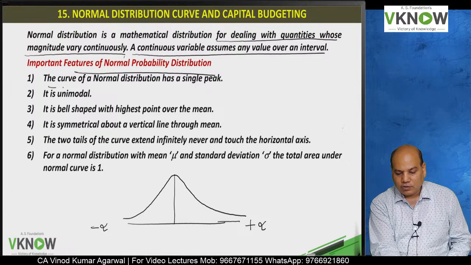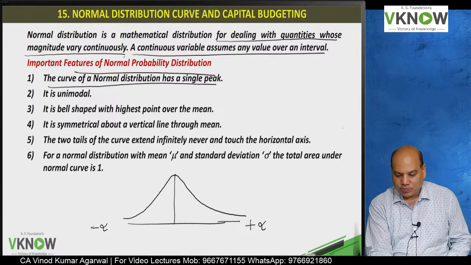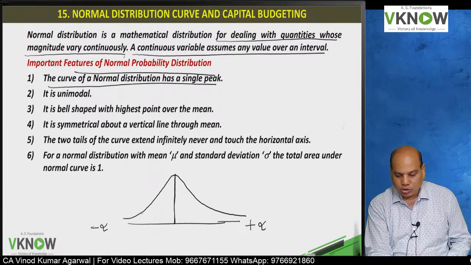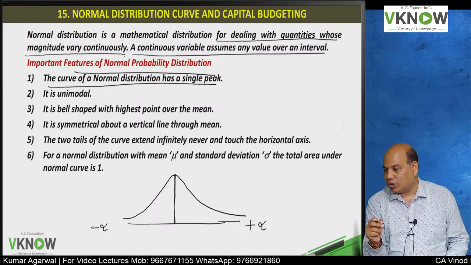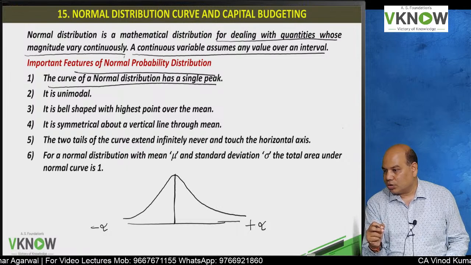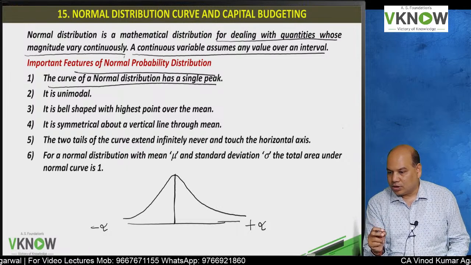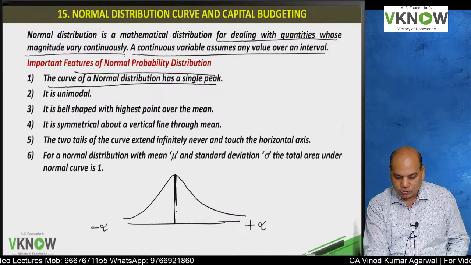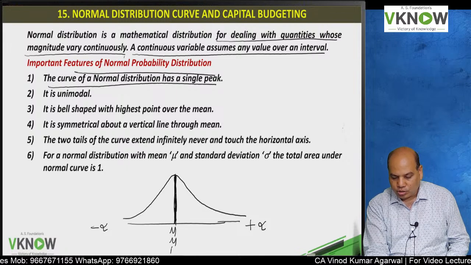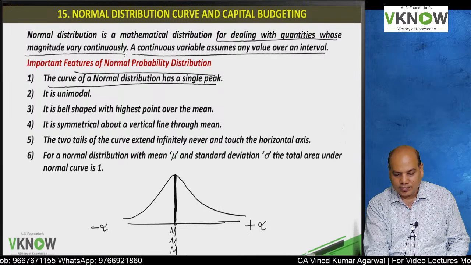So important feature is the normal curve of a normal distribution has a single peak. So you can draw this diagram. You have got 3 boxes on the right side for drawing the diagram. So you can draw the diagram here and you can write this is the single peak. It is unimodal. There is only one mode. So mean, median, mode all are in the center.